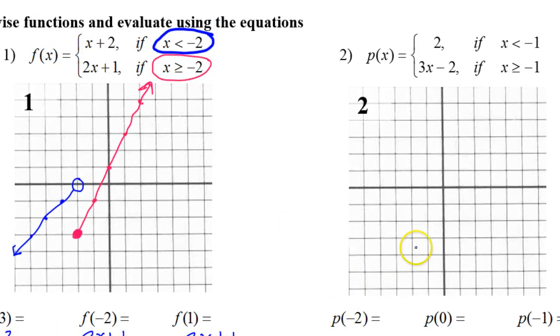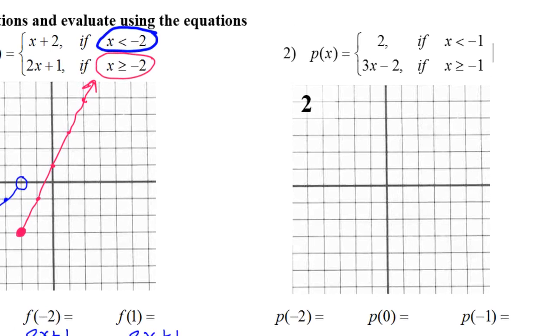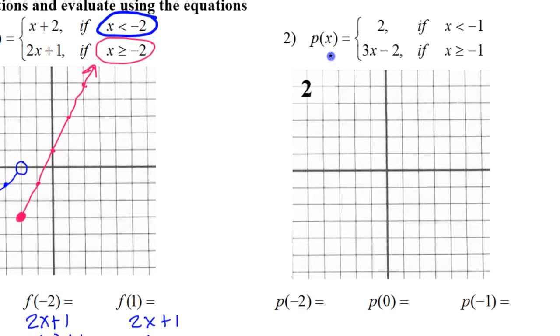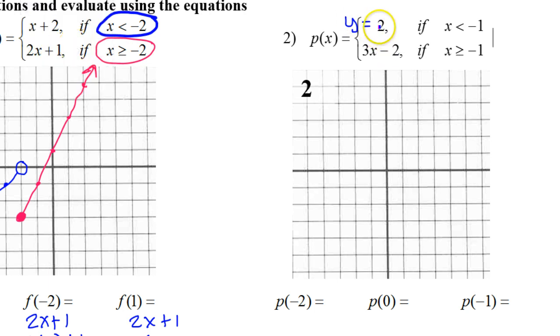Okay, now let's move on to problem number 2. But this time we are not going to use the calculator. This time we're just going to do it by hand. So this top equation is y equals 2. Please understand that y equals 2 is a horizontal line at 2, like this.